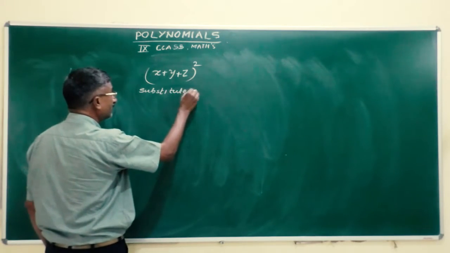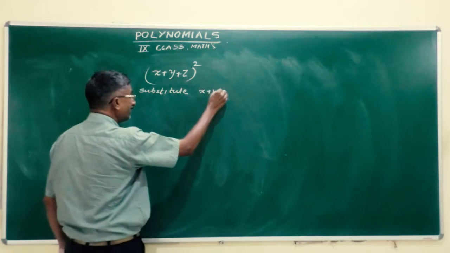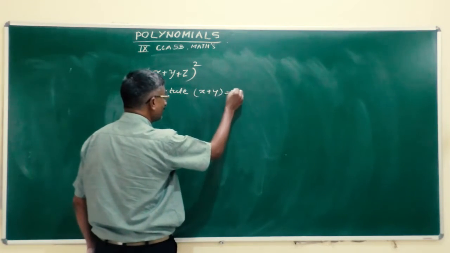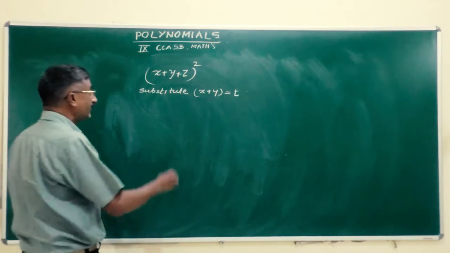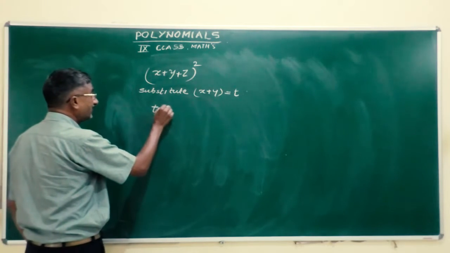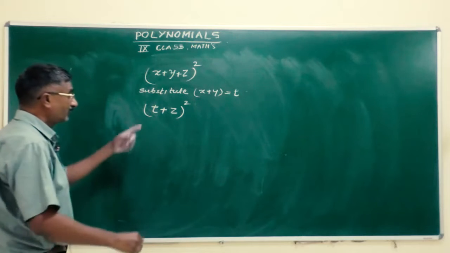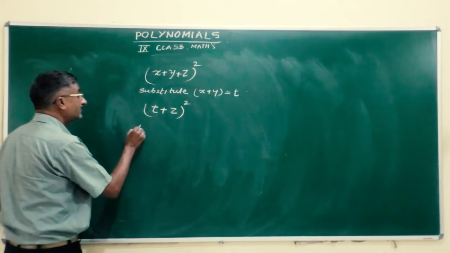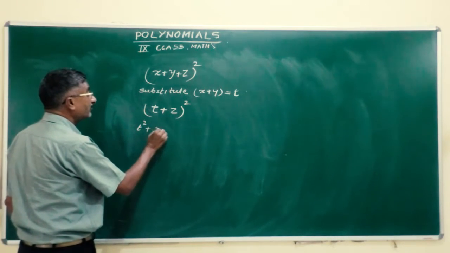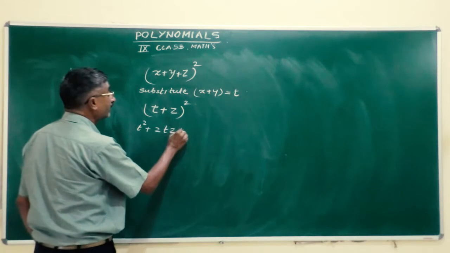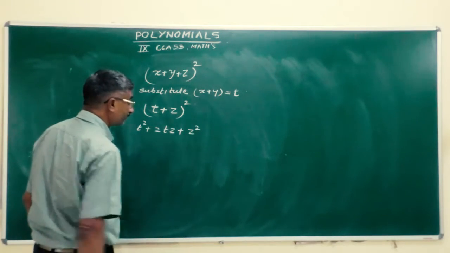Substitute x plus y is equal to t. So this becomes t plus z whole square. So t plus z whole square means t square plus 2tz plus z square.